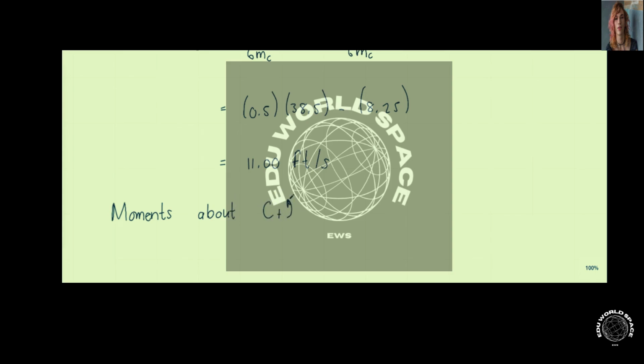So taking anti-clockwise moments about point c, we get that 3 times the initial momentum ma v0 is equal to 3 multiplied by the momentum of a and b, which is ma plus mb times vb, plus 6 times the momentum of d, 6 md vd. And we do what we did before and make vd the subject of the formula.